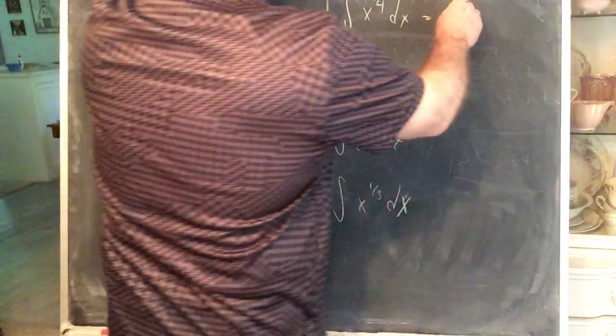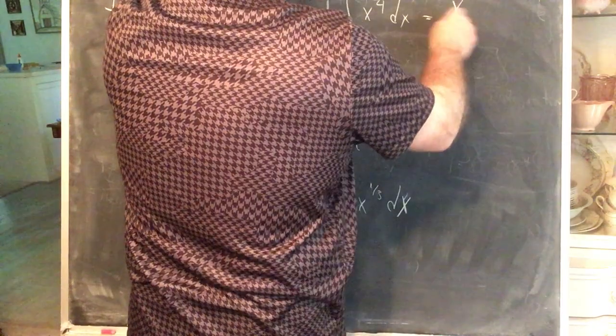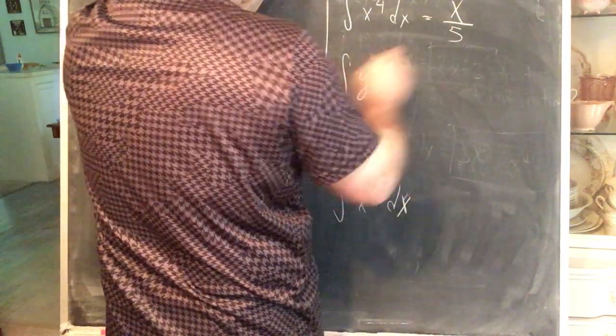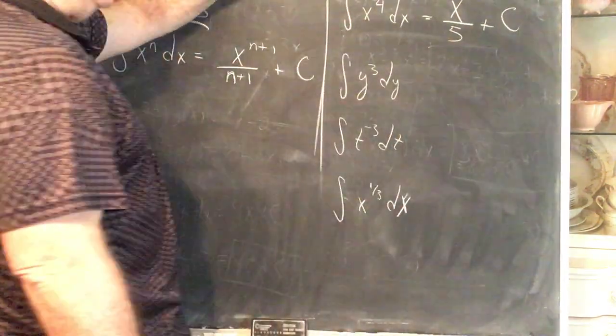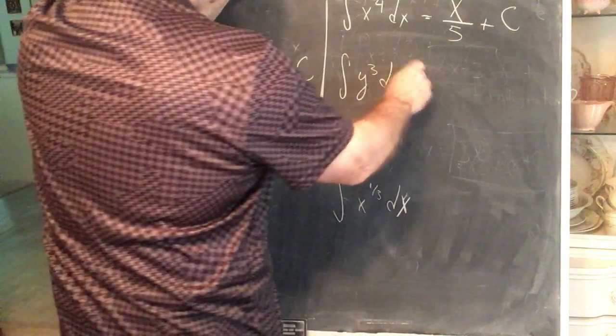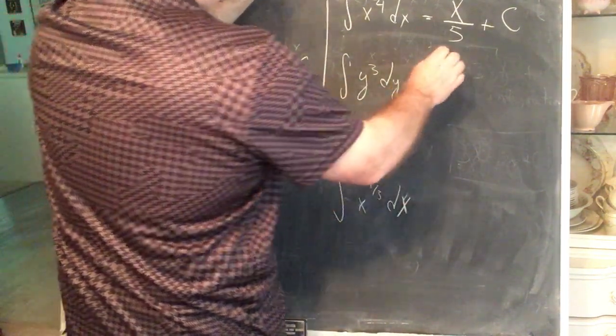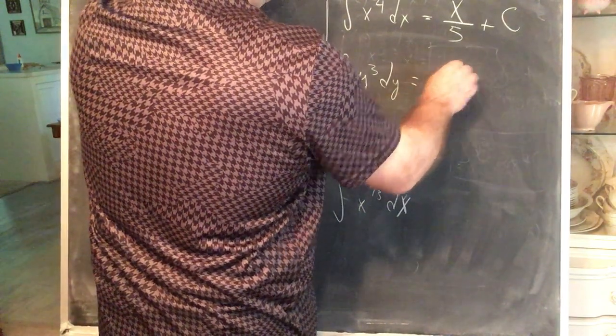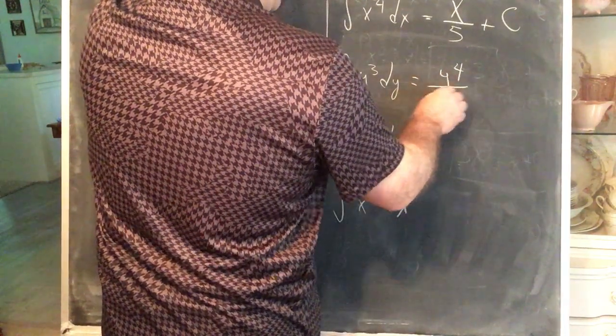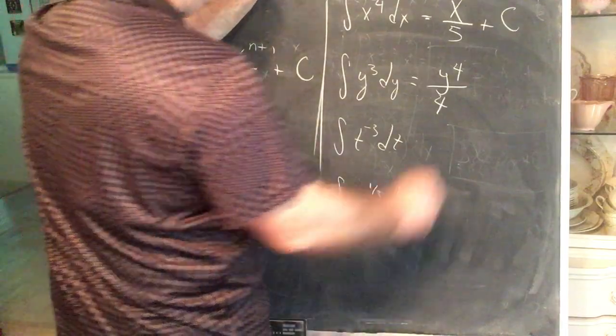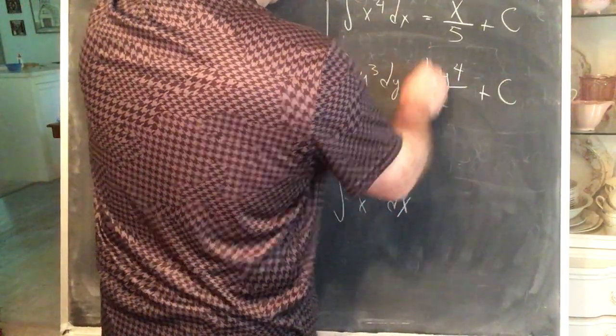Add 1 to the exponent. Divide by the exponent you just created. Throw in the constant of integration. This is with respect to y, so we're correctly working this. This is y. Add 1 to the exponent. Divide by the exponent you just created. Constant of integration.